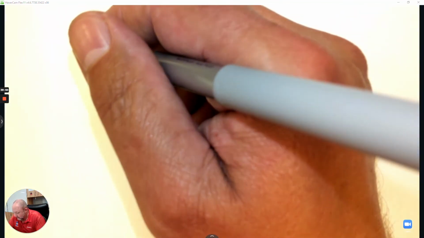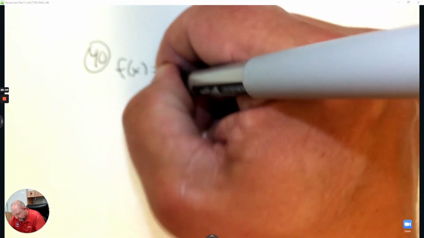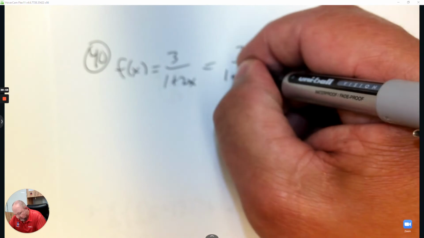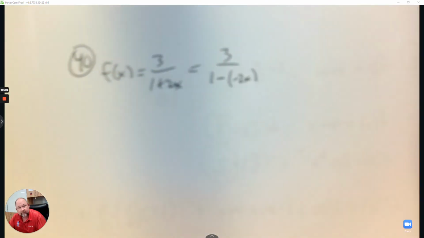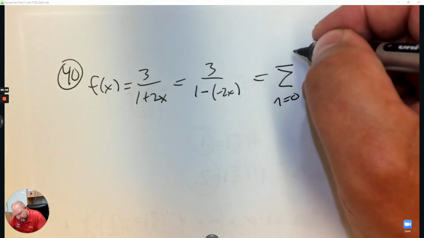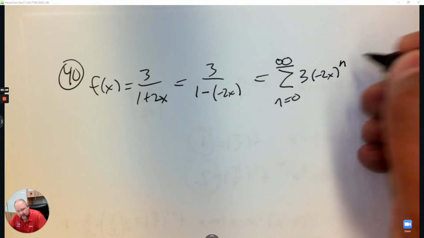All right, number 40. Write the following function as a geometric series. So first, I'm going to write it as 1 subtract, and then the first term, and then negative 2x to the n.